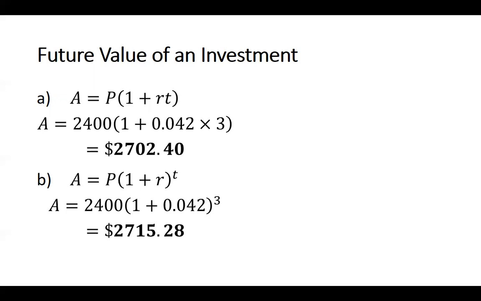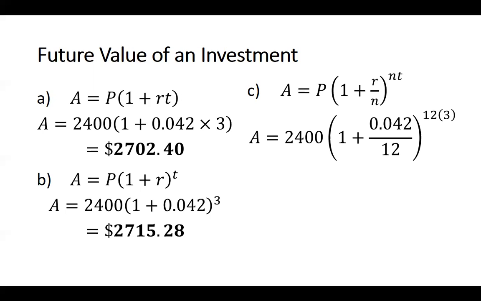As you can see, we made nearly $13 more in interest with compounding annually. Now, if we compound n times per year, and here we said monthly, so n is equal to 12. We plug in the 2,400, the interest rate of 4.2% written as a decimal, divided by 12, the number of compoundings per year, all raised to 12 times 3, the number of compoundings per year times the number of years, so the total number of compounding periods.